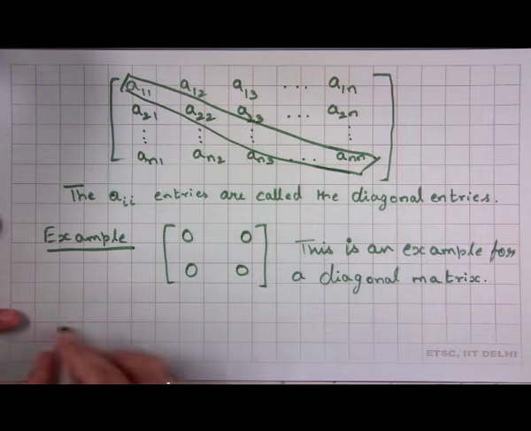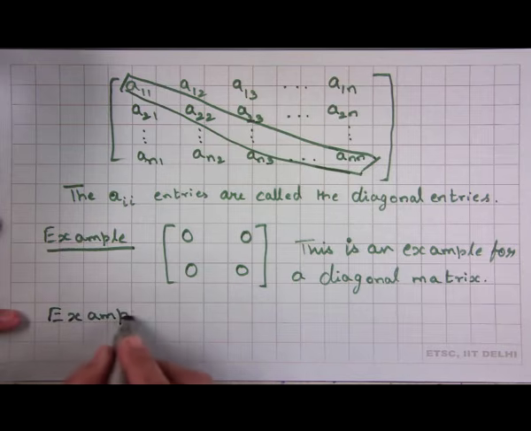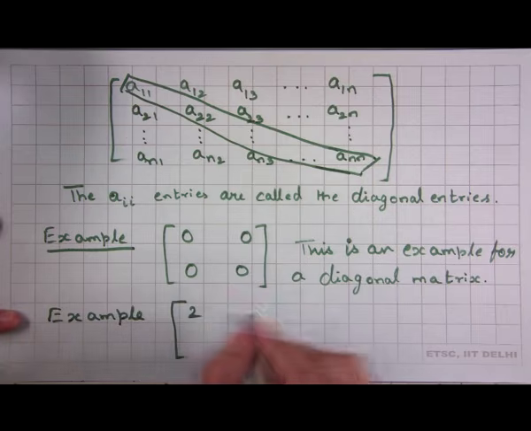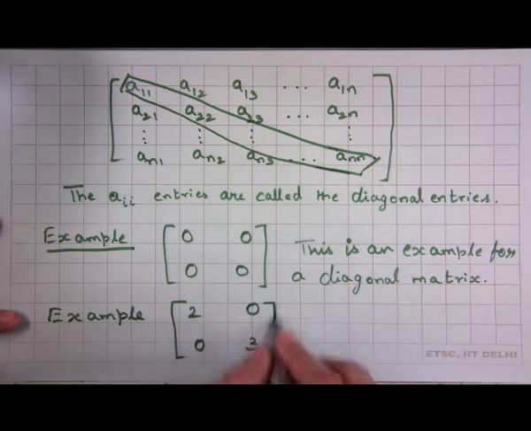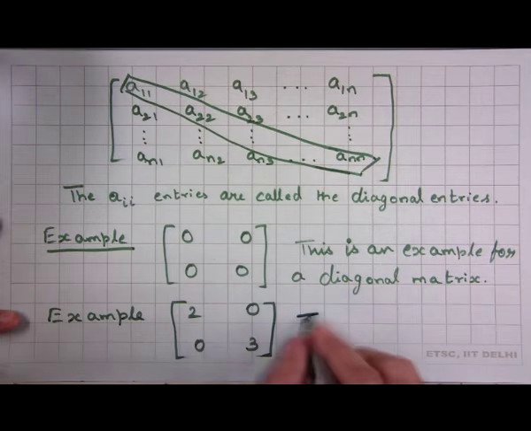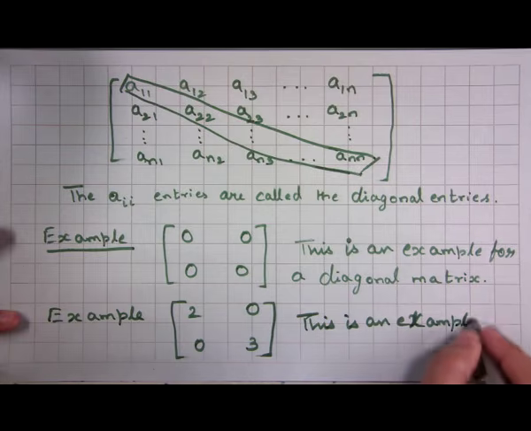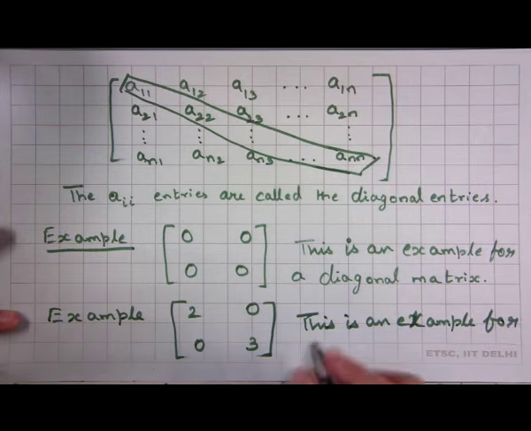Let us look at one more example. 2, 0, 0, 3. This is again an example for a diagonal matrix.